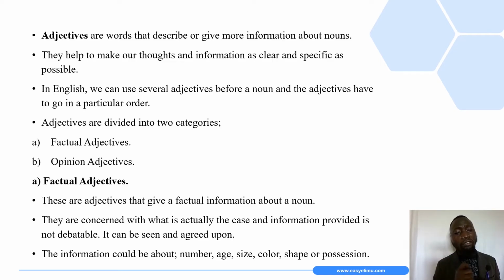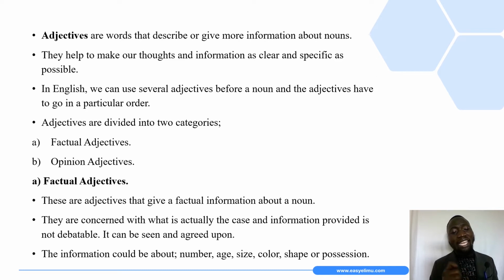To begin with the first one, factual adjectives. Dear students, these are adjectives that give factual information about a noun. The kind of information that we have here is based on a fact.